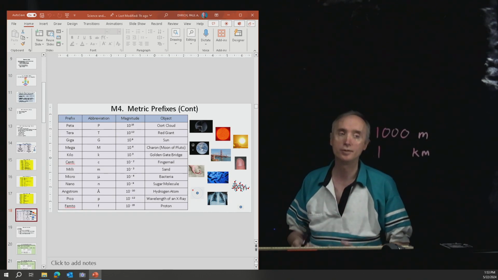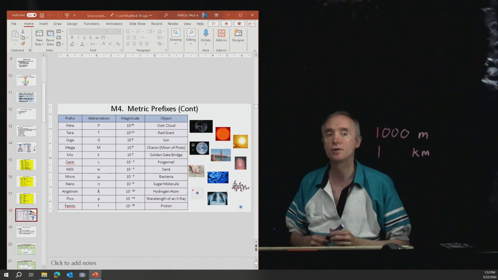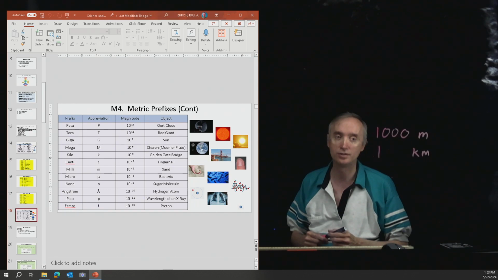Now, as far as I'm concerned in here, there are only going to be 3 metric prefixes that you're going to need to know.